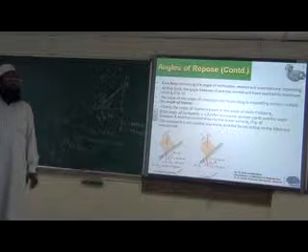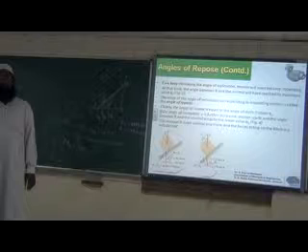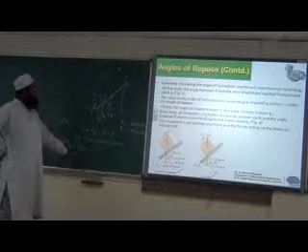What is it? So WB into 1.2, WP into 1.2.